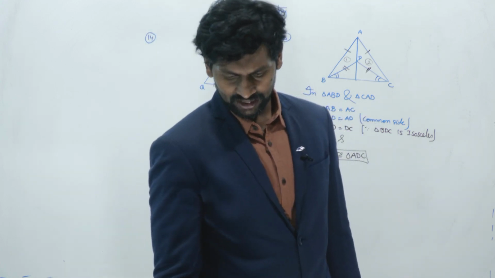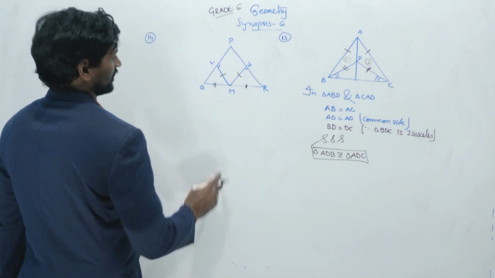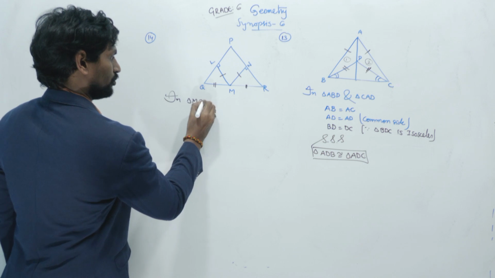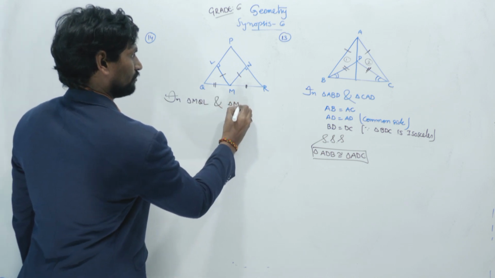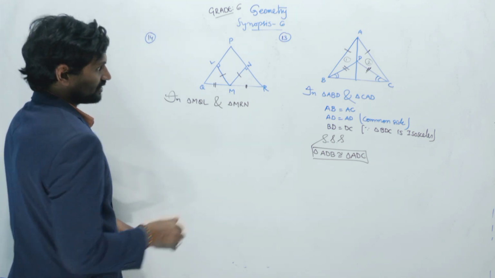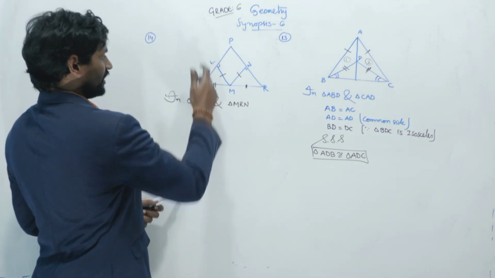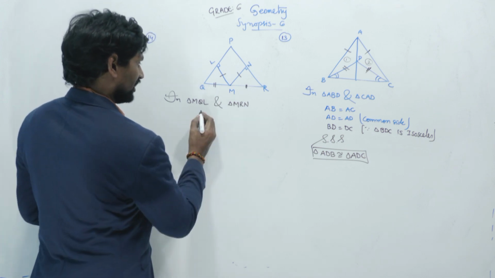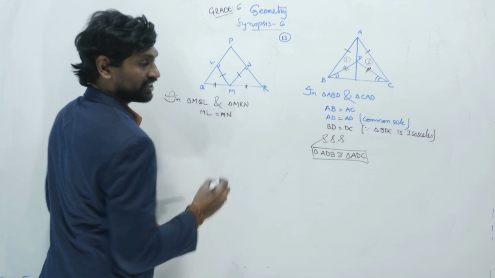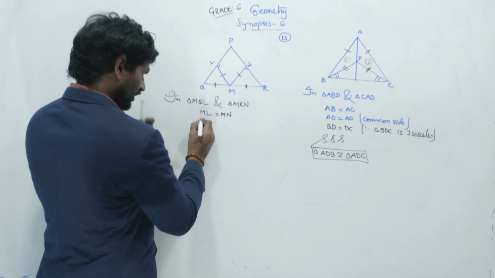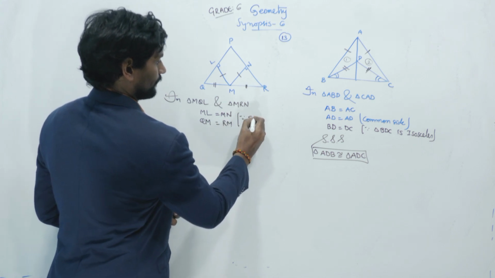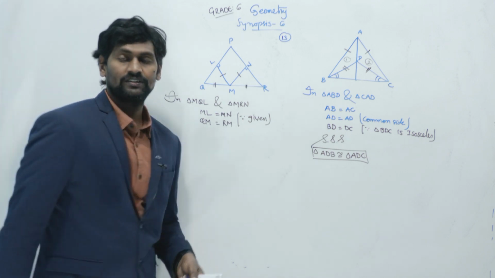Then which two triangles are equal? I am taking the two triangles, triangle MQL and triangle MRN. Check these two triangles. The already given measurements: ML equals MN, and QM equals RM. Now what is the third measurement?